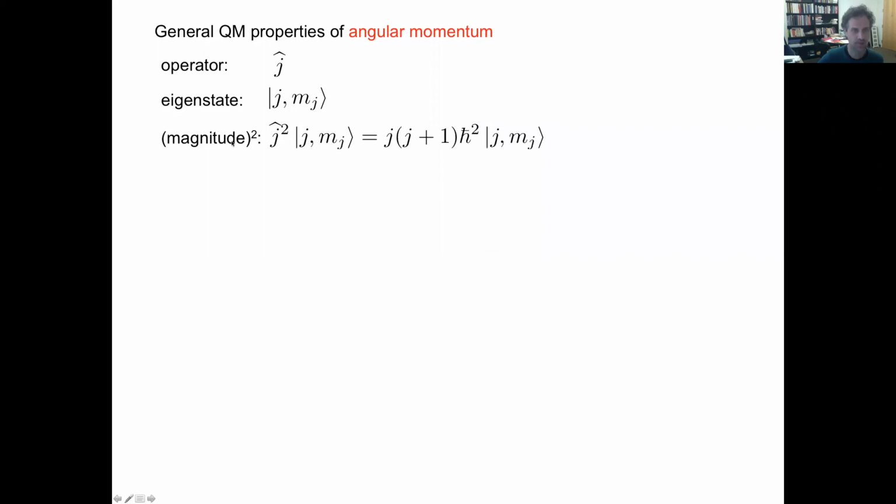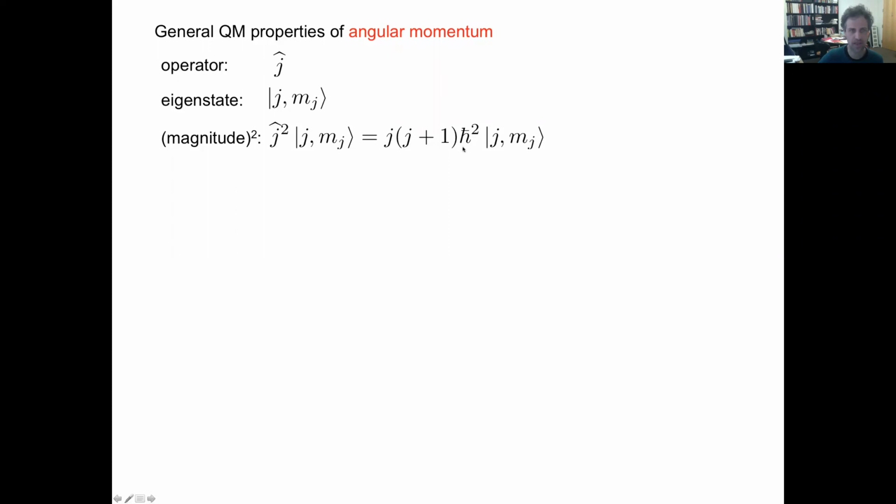The magnitude of angular momenta always follows this relation, no matter what the source of angular momentum is, spin or orbital angular momenta or any other source. The angular momentum operator squared operating onto its eigenstates will always generate eigenvalues with this value, j times j plus 1 times h bar squared.